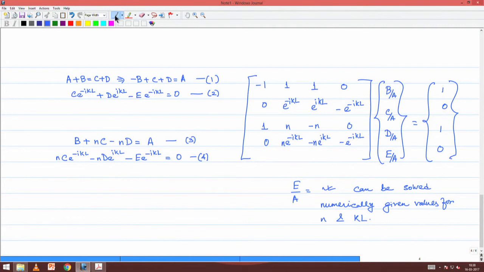Okay, I will just rephrase that part. After having obtained E by A, we define a quantity which is called transmission loss. So, the transmission expected when there is no muffler is A, right.